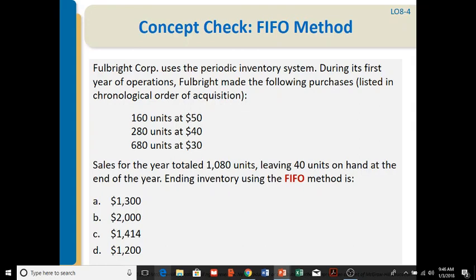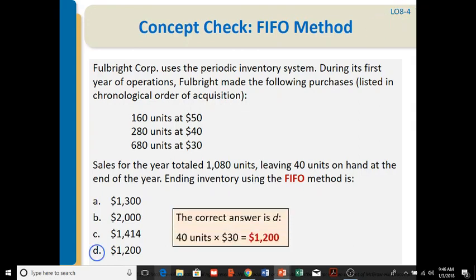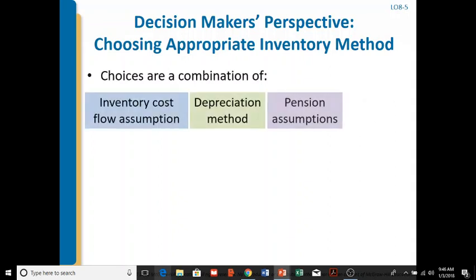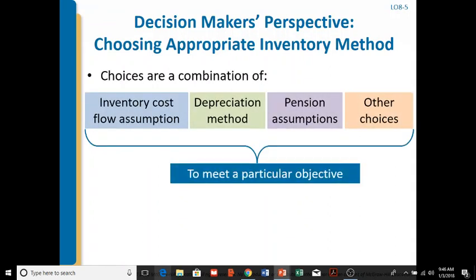A couple of other things. Let's move on here. You can look at these later. You want to meet certain objectives when you're deciding which inventory cost flow assumption to use.